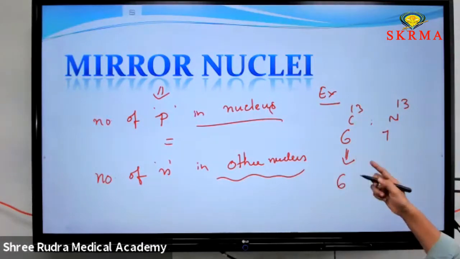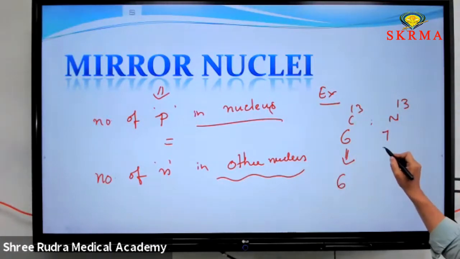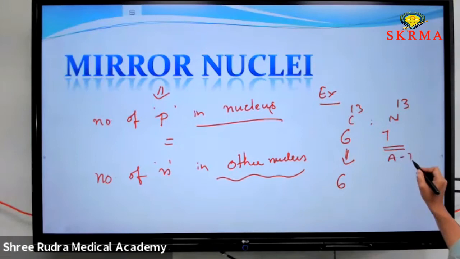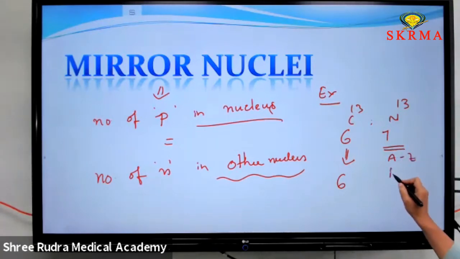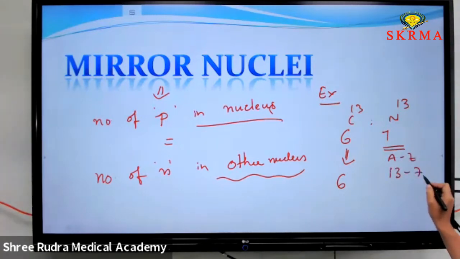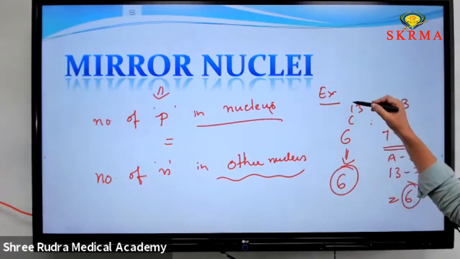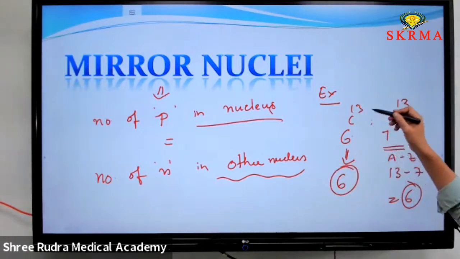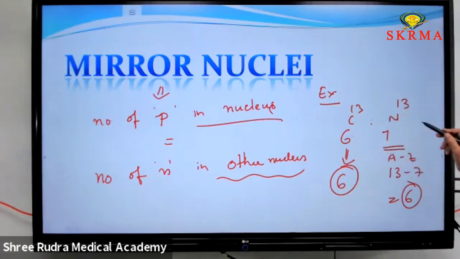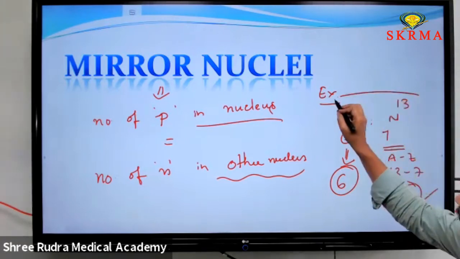In the other nucleus, the neutron number, which is A minus Z, is 13 minus 7, that is 6. These two are equal. The number of protons in one nucleus equals the number of neutrons in the other nucleus, so those two are said to be mirror nuclei.